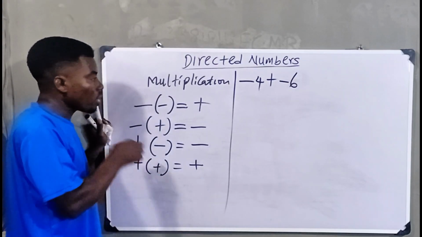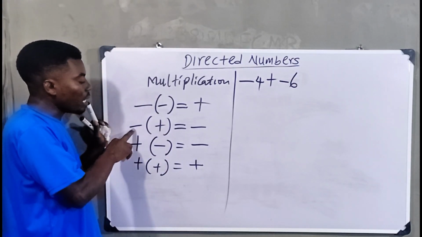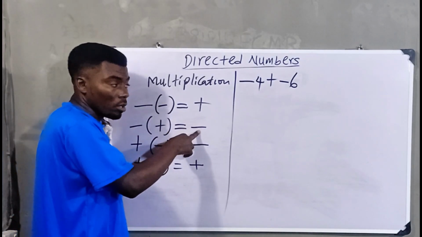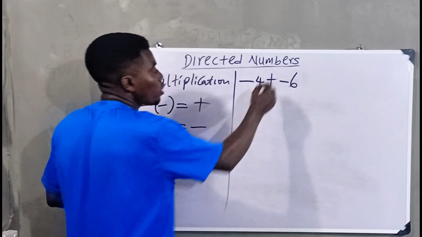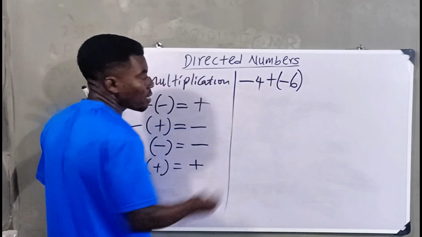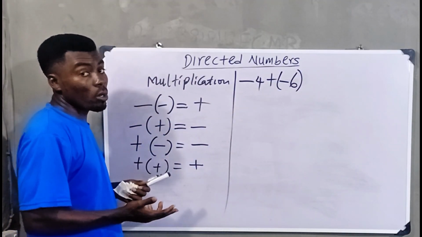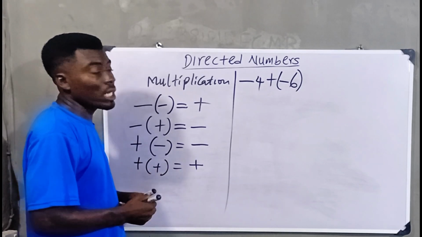In other words, looking at the rules we have written down, negative times positive will give us what? Negative. So whenever you have questions like this, you can separate it with a bracket. You separate the two signs with a bracket, which can also be called parentheses, whichever way you know, means multiplication.